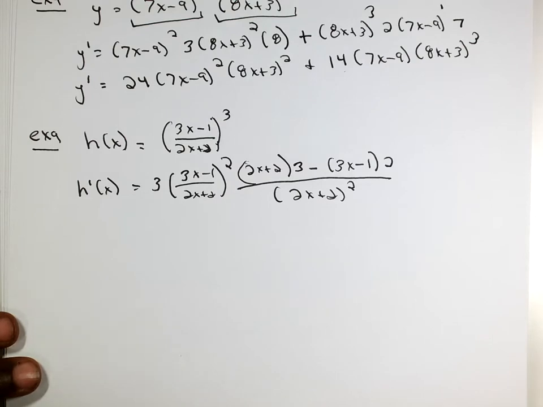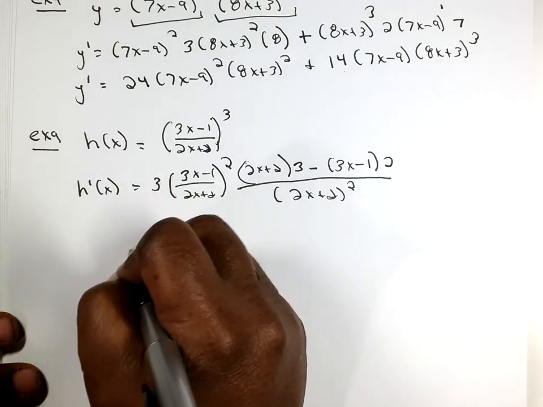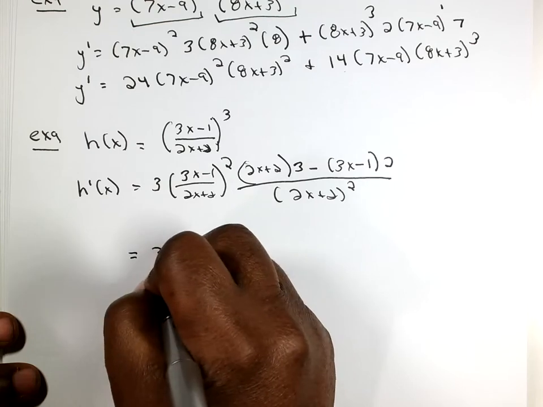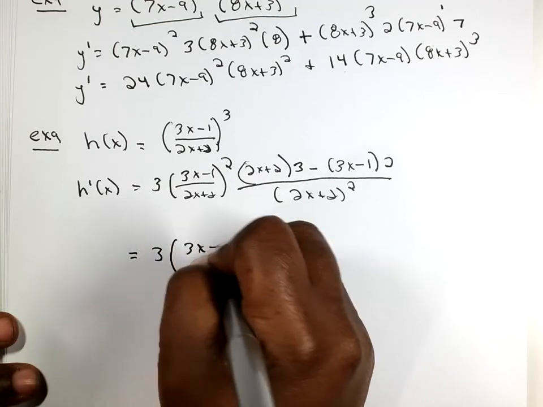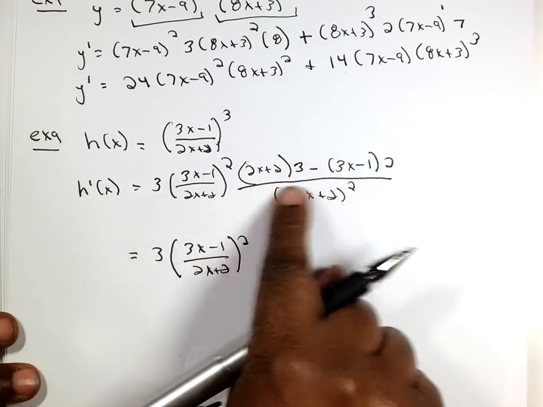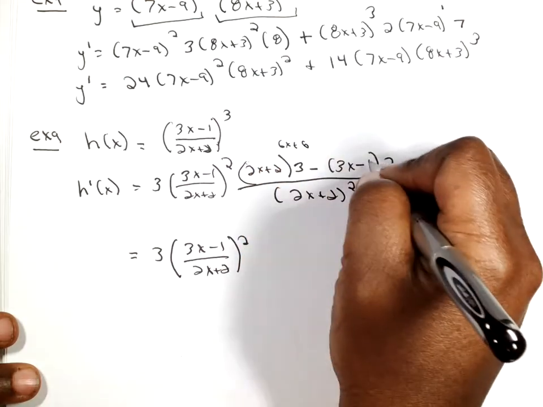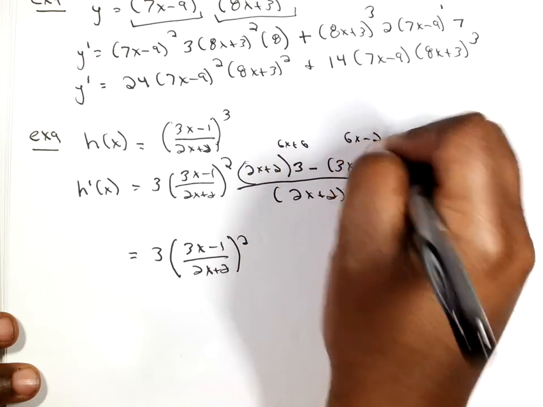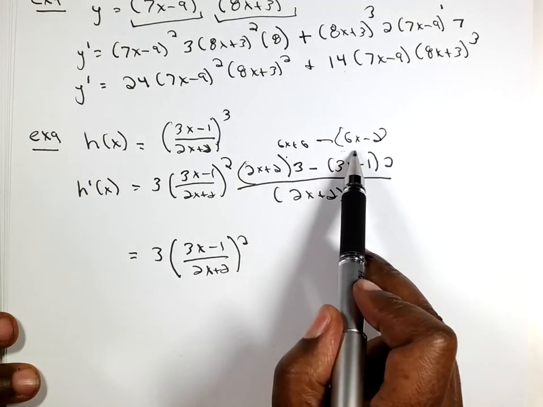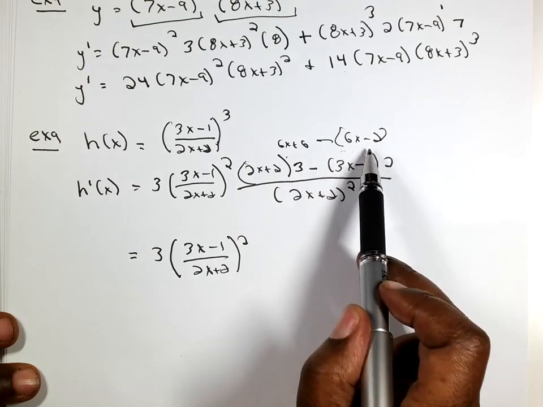And again, we can kind of play around and clean this up. So I'm going to first multiply this stuff out. So I would get 6x plus 6, and then this is going to give me 6x minus 2. So when you subtract those, 6x minus 6x gives you a 0, and then 6 minus a negative 2, I get 8.